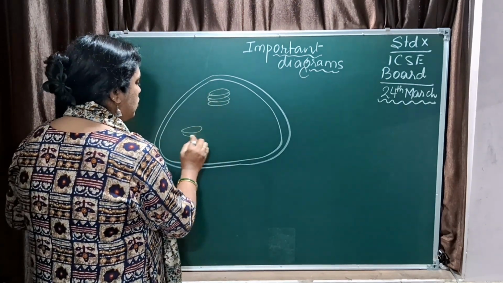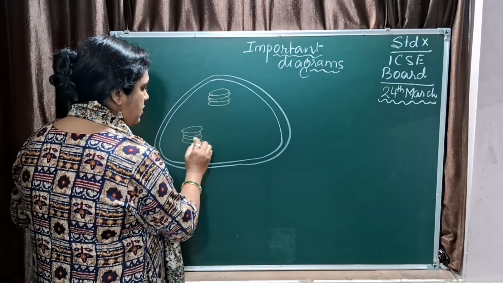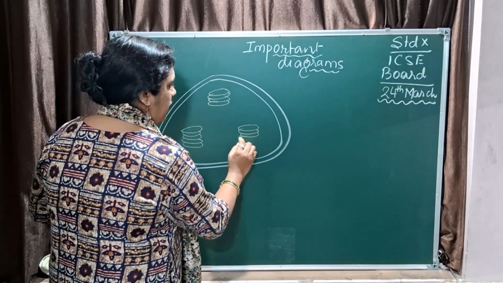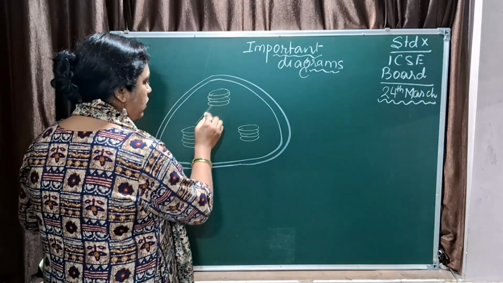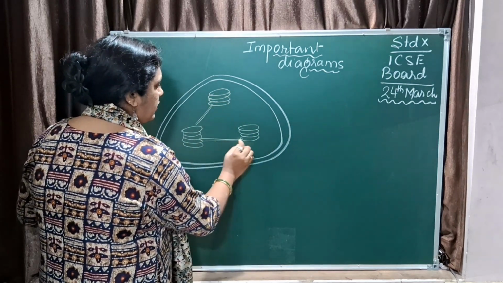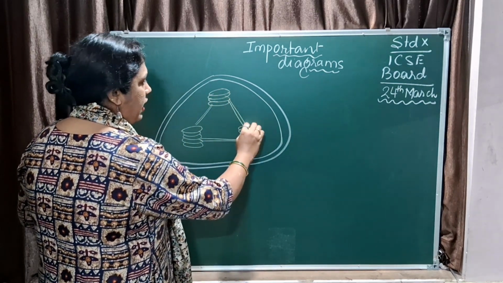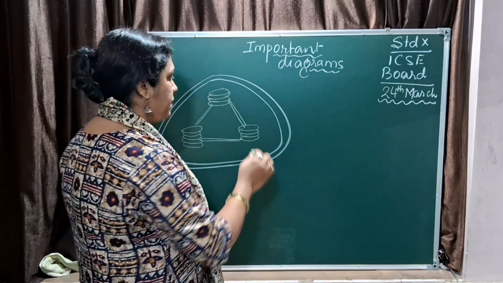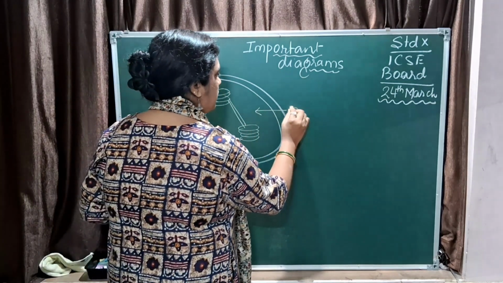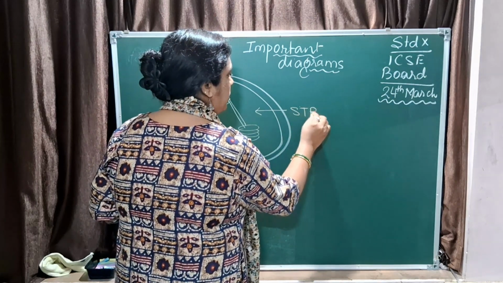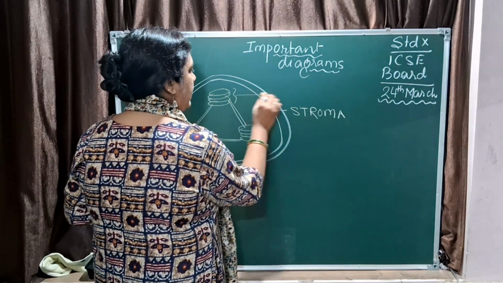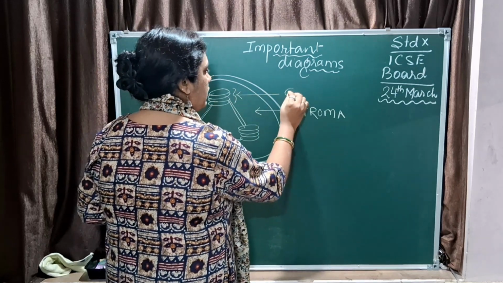So you just draw a stack of coins and join them by two lines. These lines are nothing but fret, and the liquid part in the chloroplast is called the stroma. So let us label it. You have stroma. This entire set is called the granum.